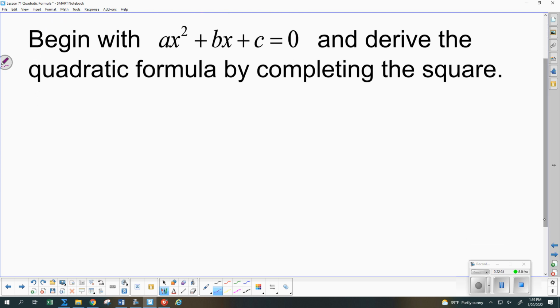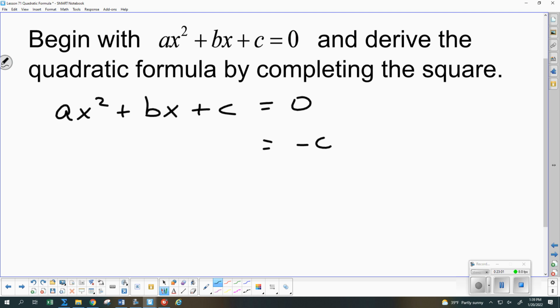It says, begin with ax squared plus bx plus c equals 0. So we begin by writing that down. We're going to complete the square on this. When we complete the square, we want the x squared and the x on one side and the number on the other side. So we're going to move the c over here to the right.